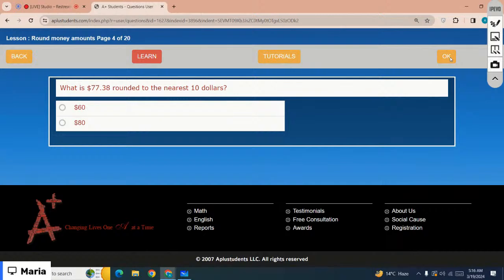The next one is, what is $77.38 rounded to $10? So which is the correct option?